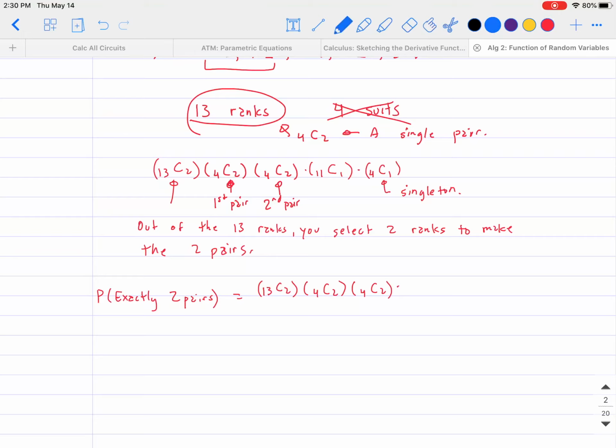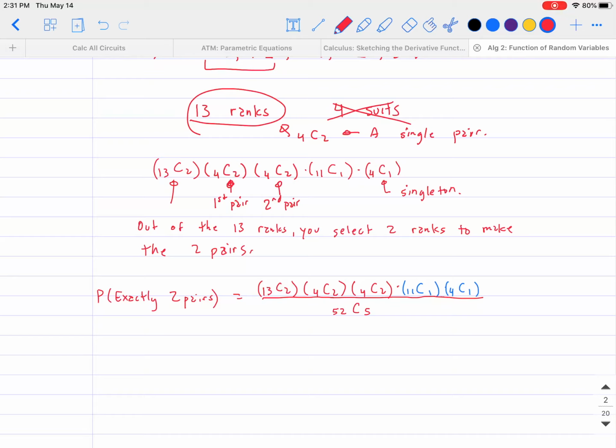Then we go to our last card, where there are 11 ranks left, and we're going to select one of them, so 11C1, multiplied by 4C1, because we're going to select one card in that rank. All of that is all the possible ways of getting 2 pairs, and we divide that by 52C5 because those are the total possible number of ways to have a poker hand of 5 cards out of 52. So that'll be our answer.